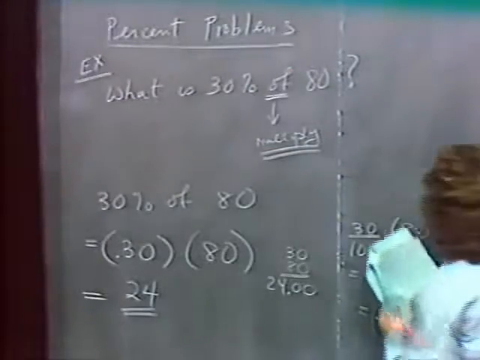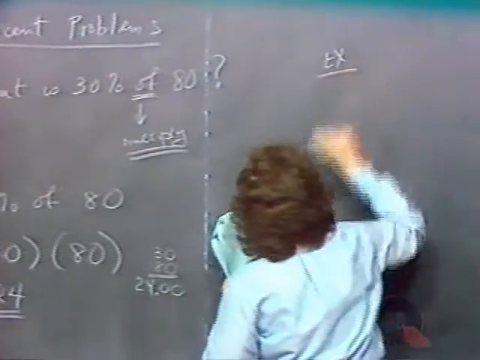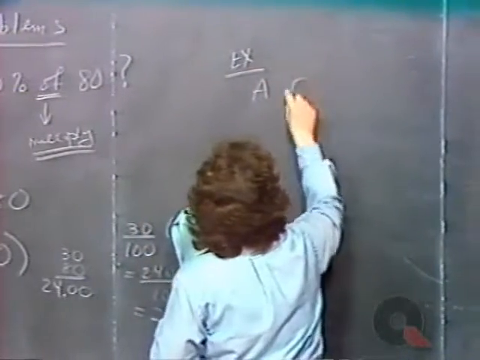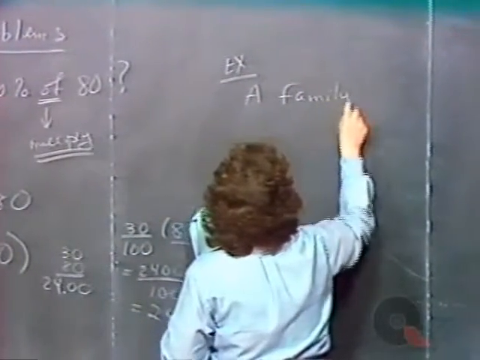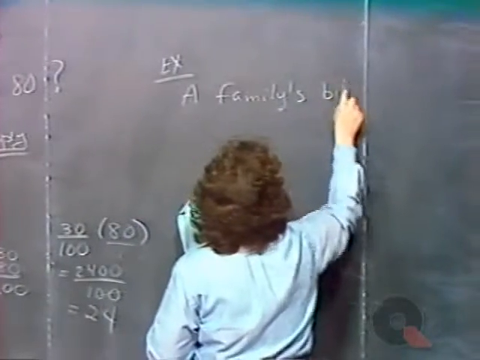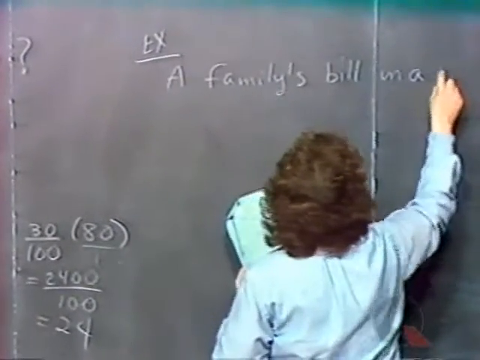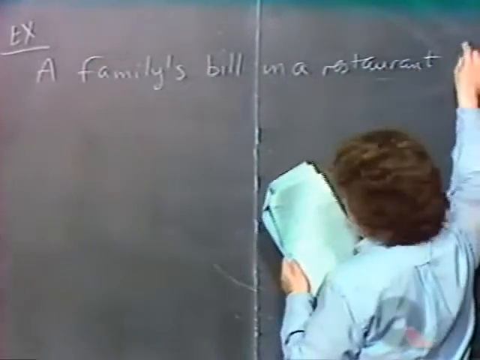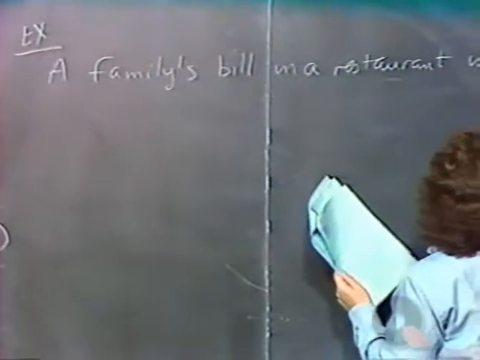Okay? It might appear in terms of a problem like the following. A family's bill in a restaurant is $75.